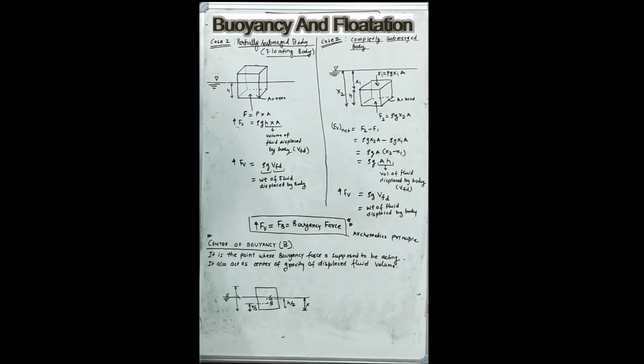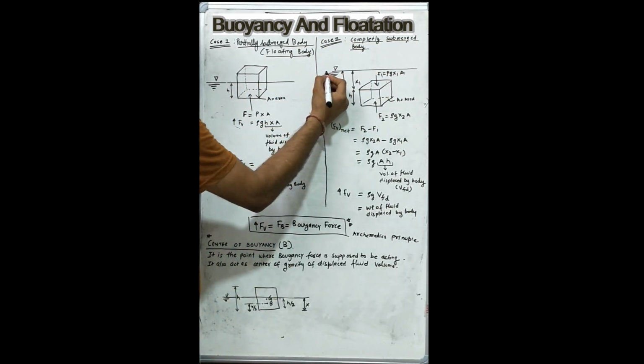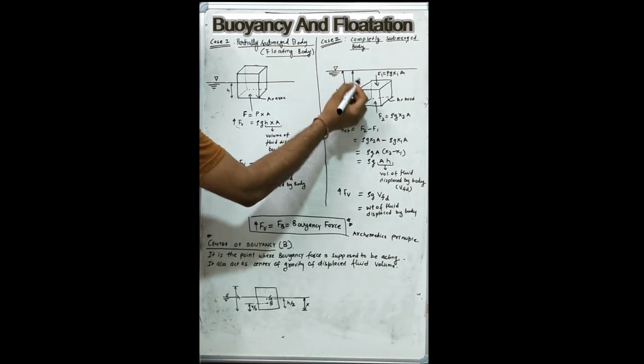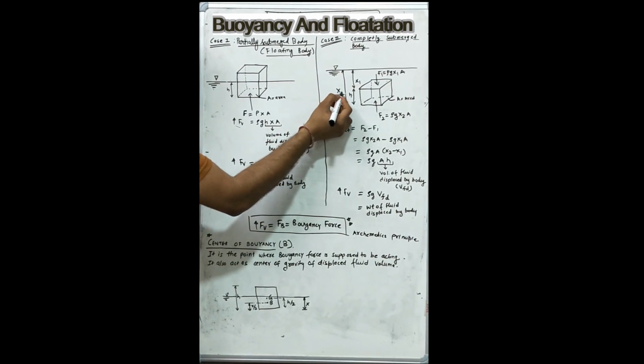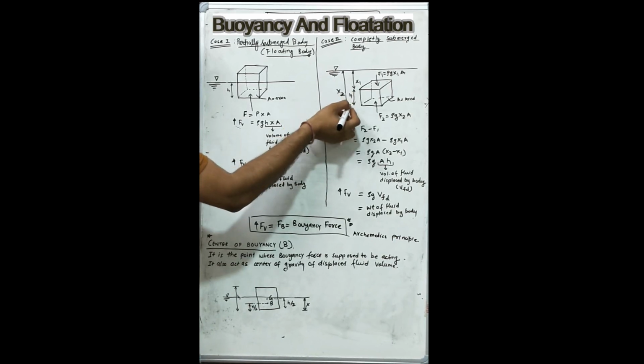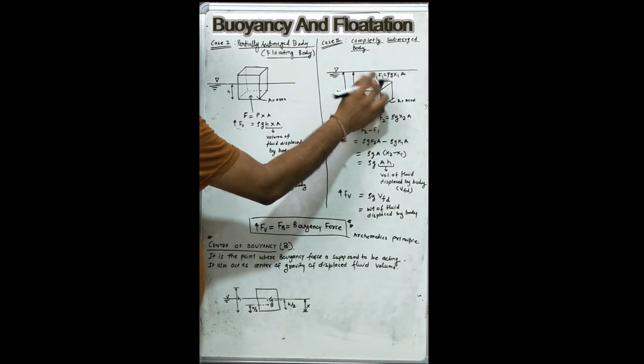Now let us consider case number 2. This body is completely inside the water, and this is again the symbol which represents the free surface. The top side of this body is, let us consider, at a distance x1 from the free surface, and the base is at x2 distance from the free surface. Alright, so what is the pressure at this top surface?